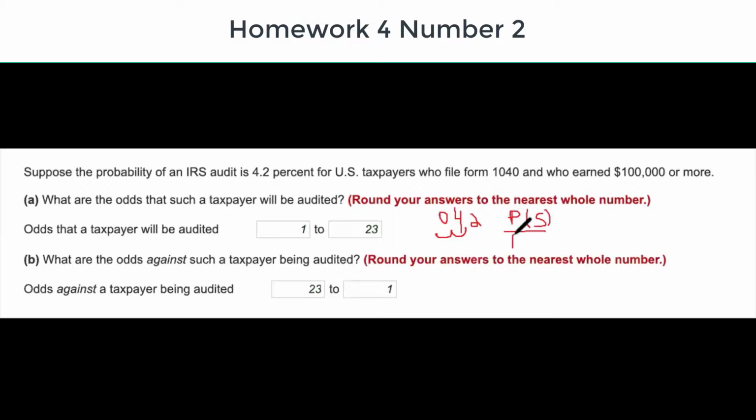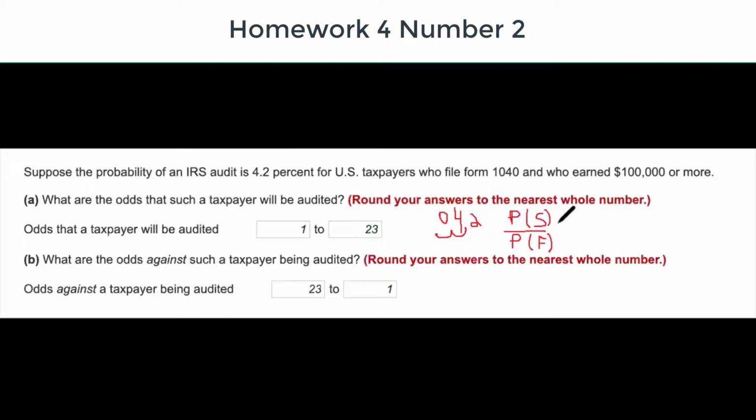Now, the whole thing in this type of probability is that success and failure are what we call complements of each other. So for this type of taxpayer, the ones who file the Form 1040 and earn $100,000 or more, they have a 4.2% of being audited, which means they have a 1 minus 4.2% of being not audited.